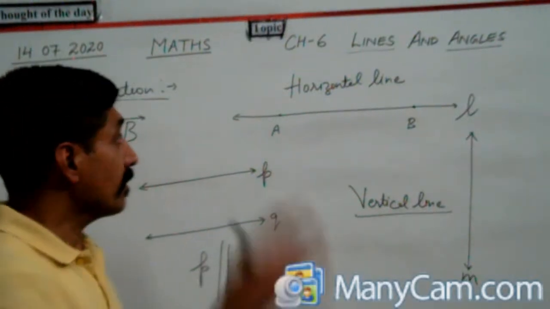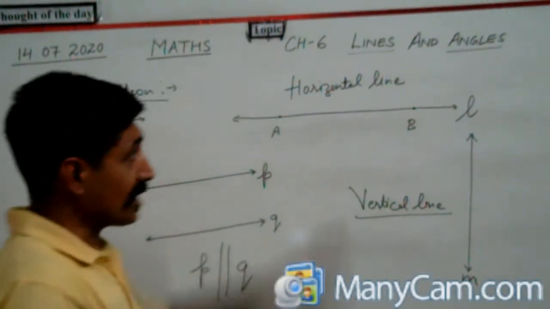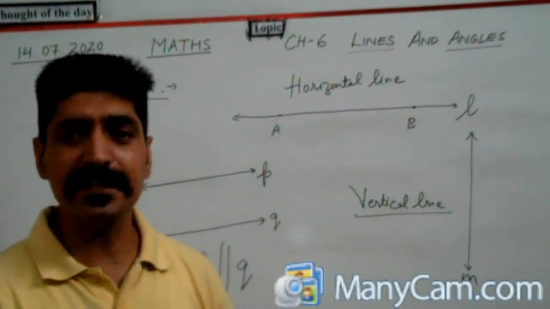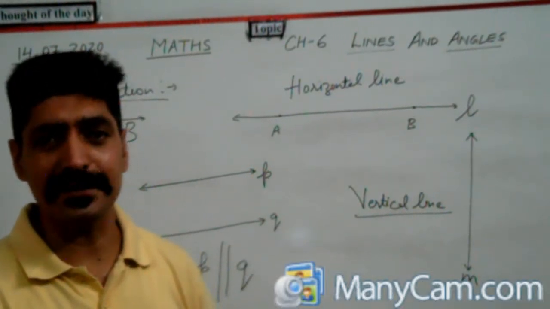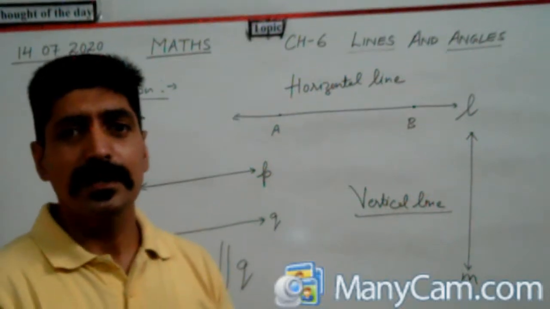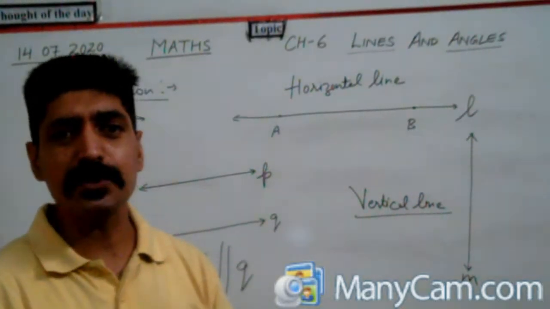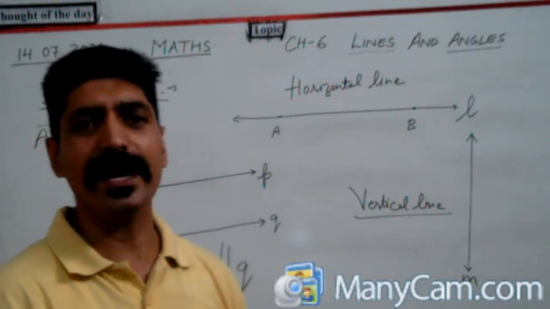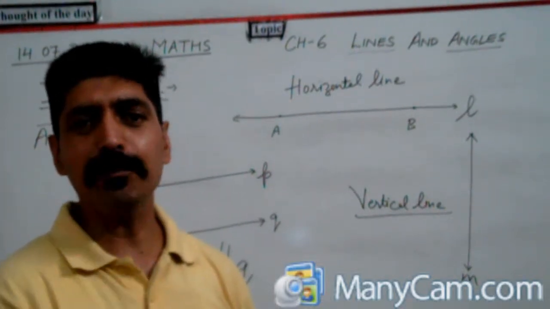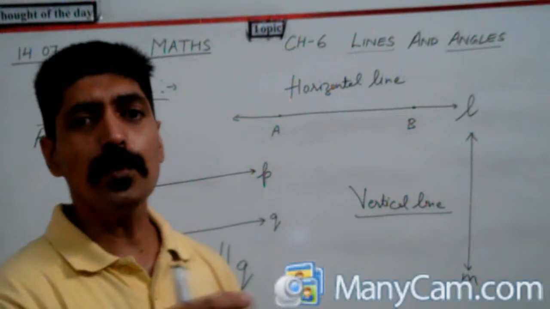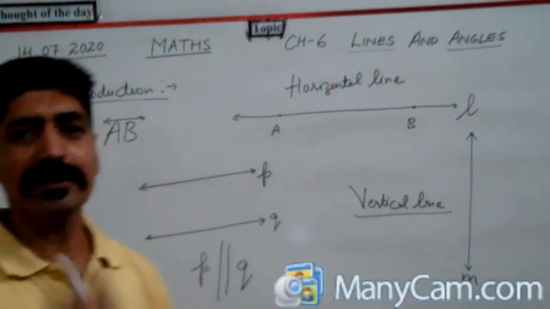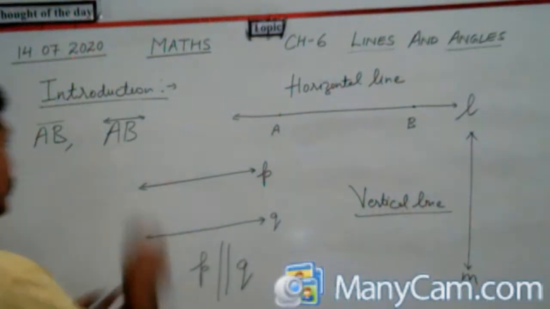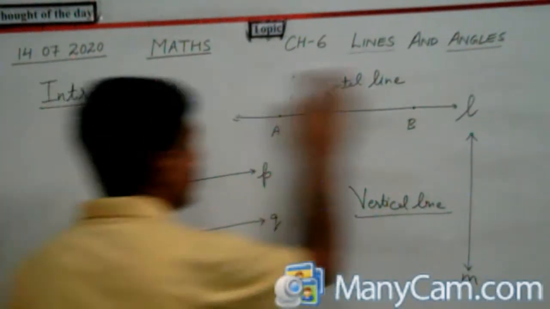Now we will switch over first to angles. In our previous classes, we have studied some basic kinds of angles. In order to study angles, we should know what a ray is. A ray is also part of a line which has one fixed end point and moves in one particular direction, right?